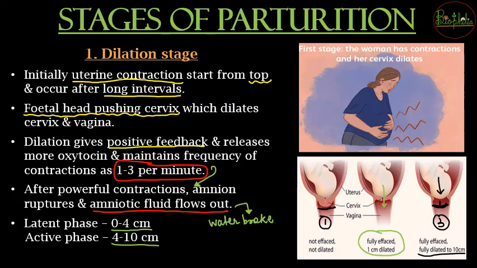Sometimes it can be 5 hours, or in some cases it can also last about 8 to 12 hours. It depends upon the entire body system, how the body reacts, how much oxytocin has been released. The latent phase depends on all of that.